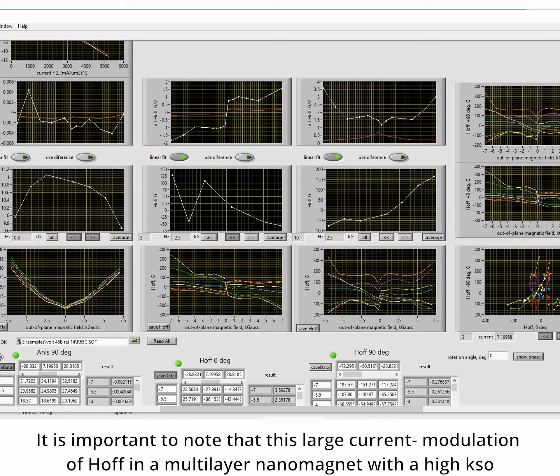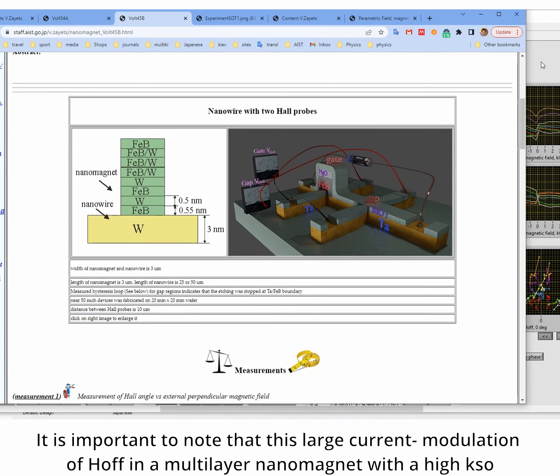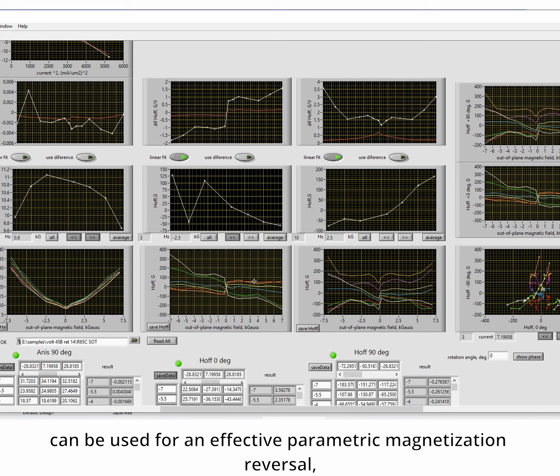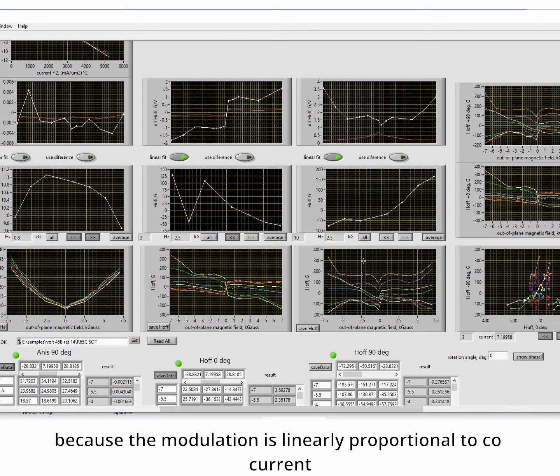It is important to note that this large current modulation of offset field in a multilayer nanomagnet with a high coefficient of spin-orbit interaction can be used for effective parametric magnetization reversal because the modulation is linearly proportional to current.